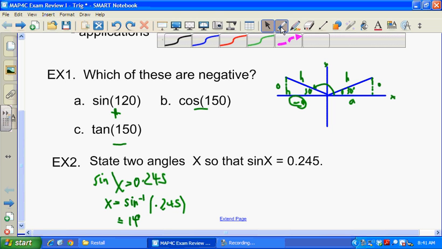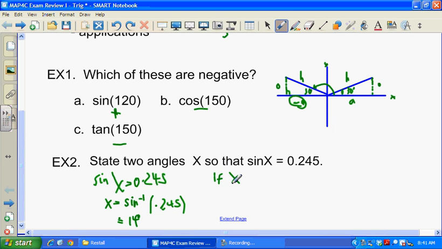So how we handle this is by saying, if x is obtuse, we could have a second case. X could be 180, as a straight line, minus 14. That was kind of the new thing in Trig in grade 12, right?